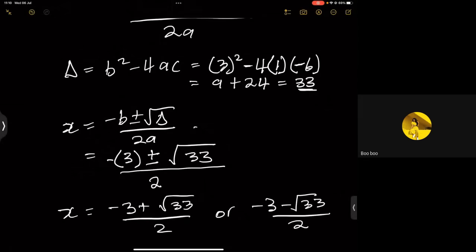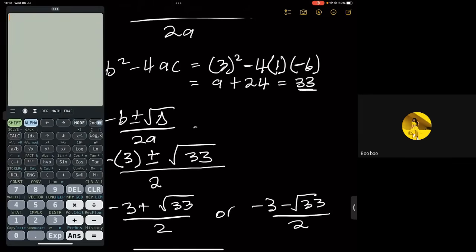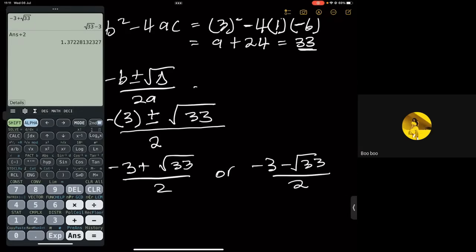That's minus 3 plus square root of 33 over 2, and minus 3 minus square root of 33 over 2. We get a value of minus 1.37.